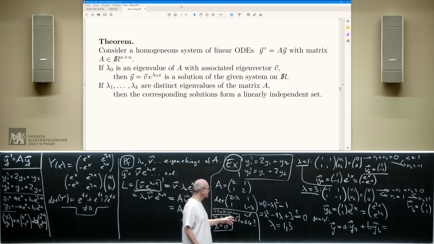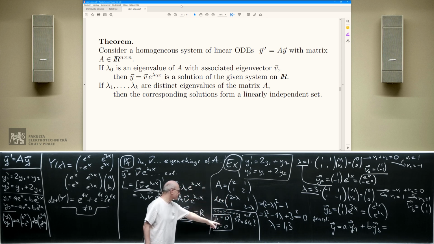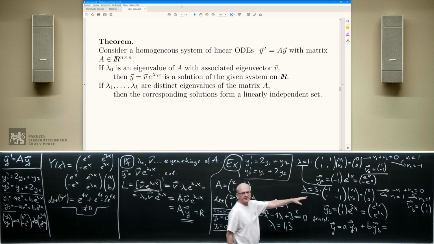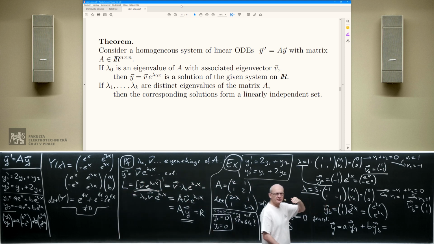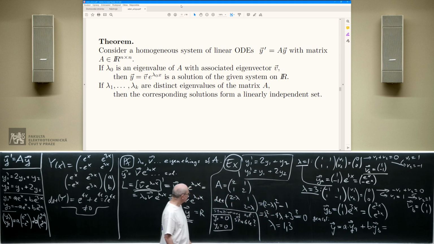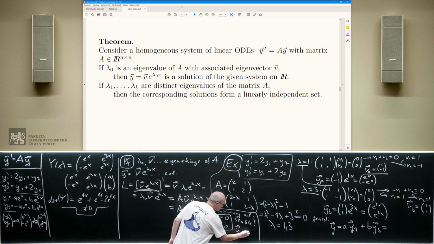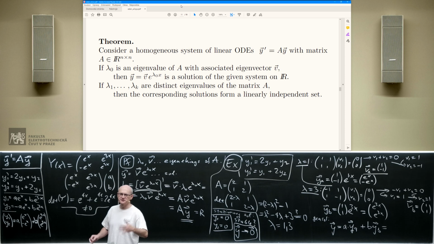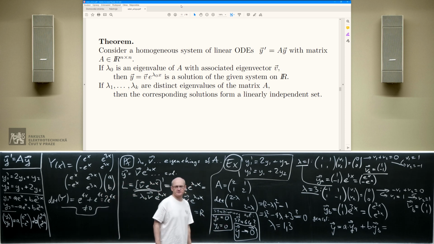So my question is, if I take some solution which is nearby, which is close to the constant solution, and I let time go to infinity, will this other solution go to my stationary one? So the question is, do they go to the 0 vector? That's actually the bottom line question. Do all the nearby solutions go to 0? Because then they are actually going to this stationary solution.